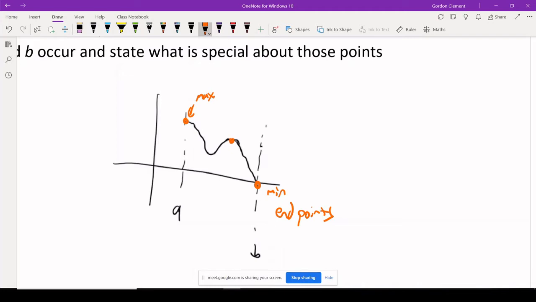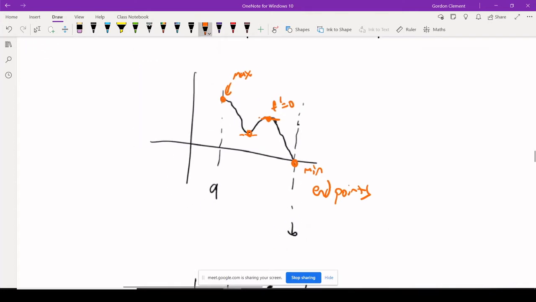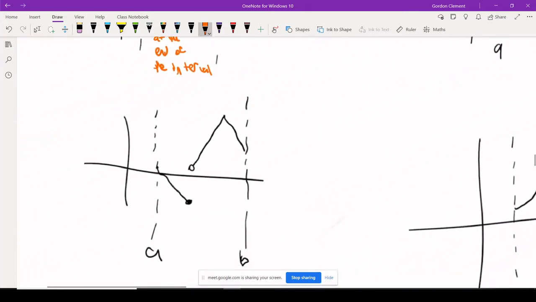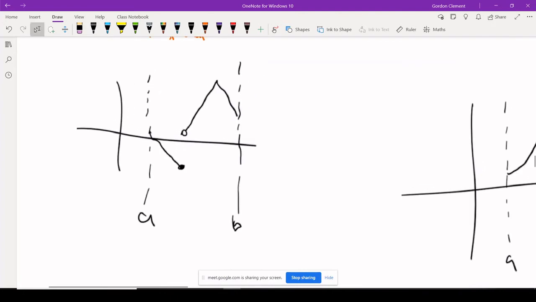And we have some spots where the derivative is 0 there, but they just happen to not be the absolute max and the absolute min, which is what we're interested in today: just finding the absolute ones. They're local mins and local maxes, but they just happen to lose to the endpoint.